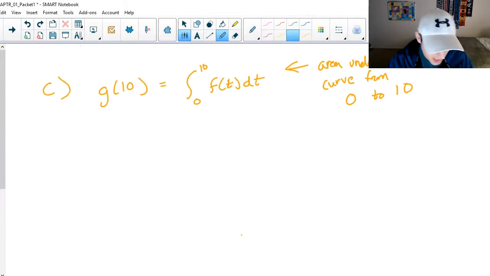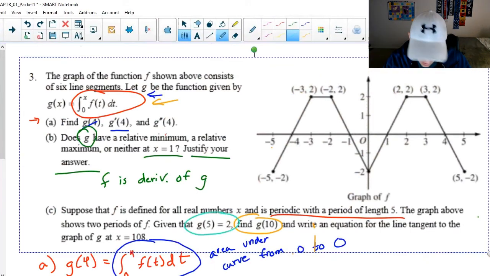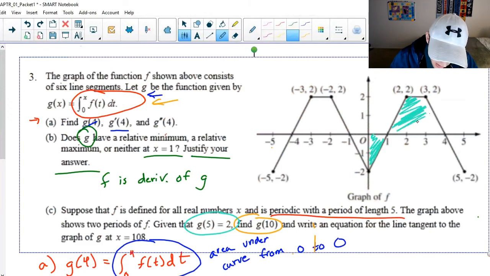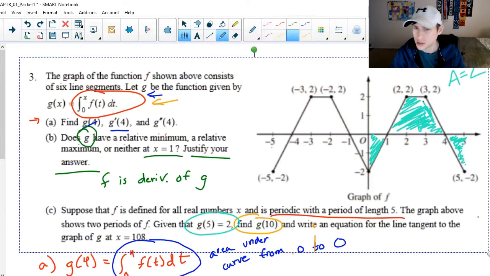And the problem already tells us g of 5 is 2. So it kind of does some work for us, actually. It tells us from 0 to 5, if I look at all these areas, the problem straight up tells us g of 5 is 2.